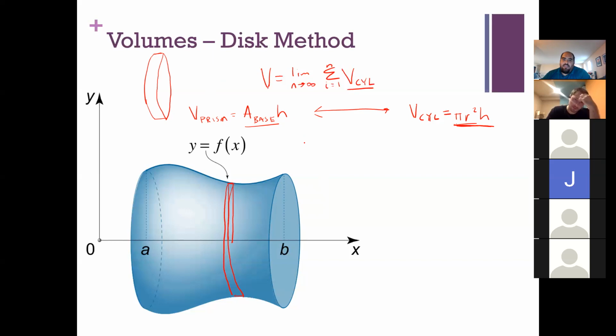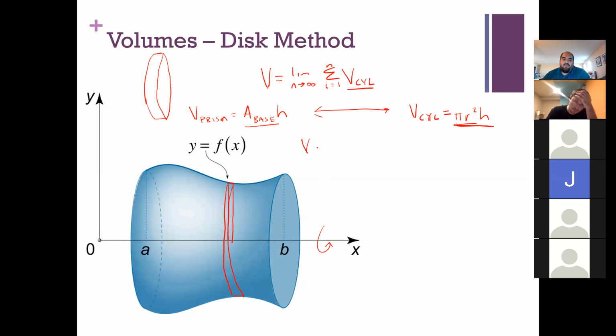So now we really need to know how to represent r and h in terms of our independent variable. So we're going around the x-axis. So let's start building up this integral.